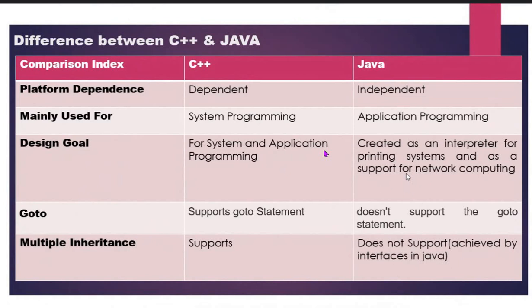All other applications run on top of that platform or system software. For example, PhonePe, Facebook, or the camera, all these applications in mobile run on top of that. Those are application programs.